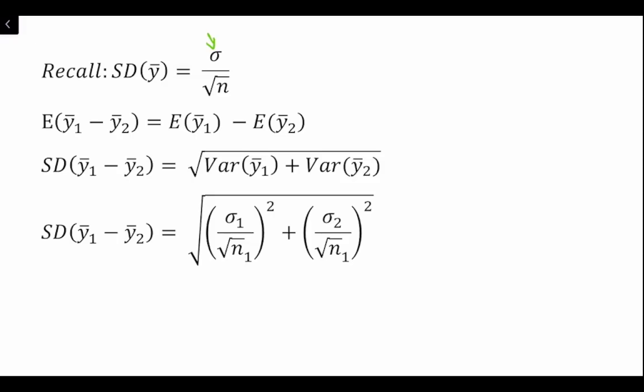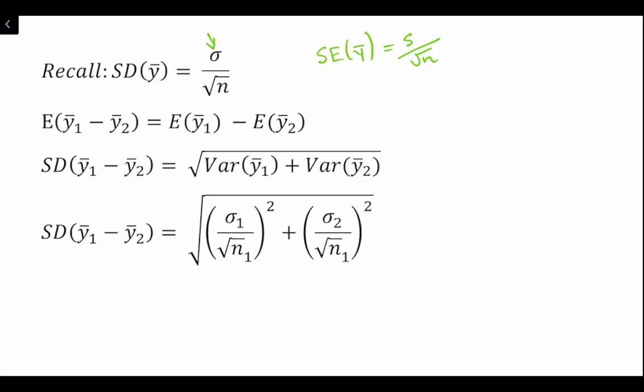When we don't know the standard deviation of our population, we use the standard deviation of our sample. In that case, we'll say the standard error of y bar is equal to S, the standard deviation of our sample, divided by the square root of n. That's not new. You've been doing that before.